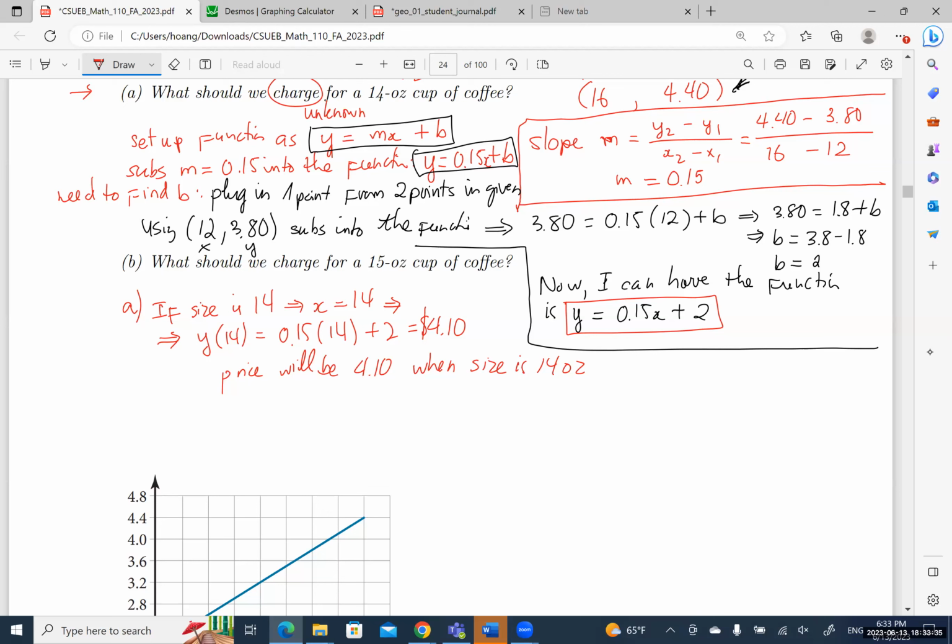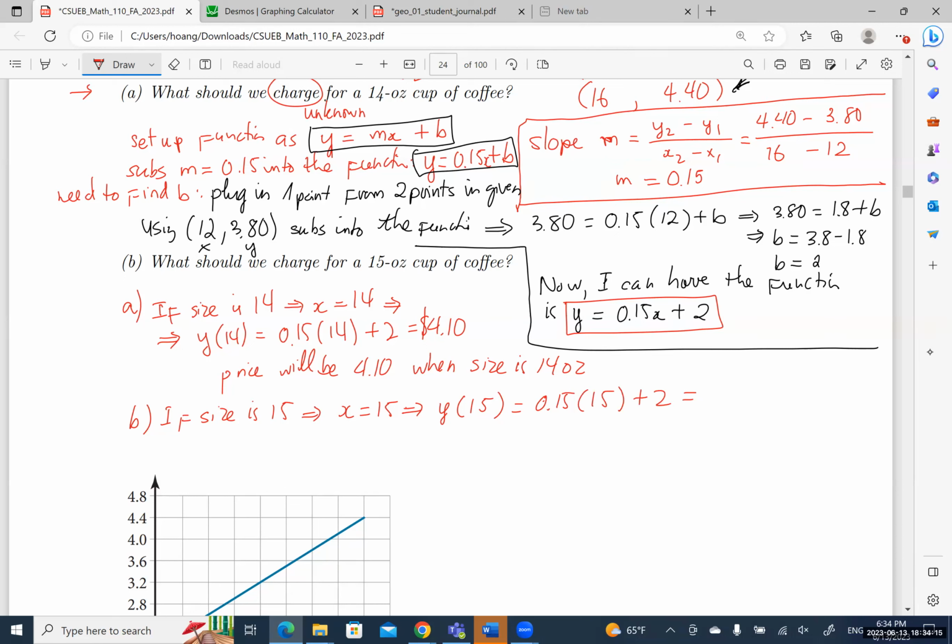Okay, what about part B? What should we charge for 15 amps? So if size is 15, which means x equal to 15, we have Y of 15 equal to 0.15 times 15 plus 2.